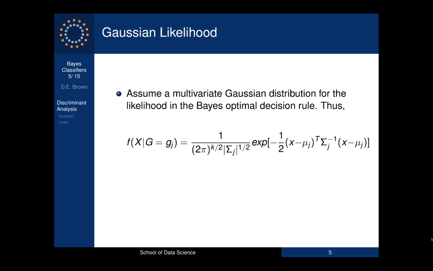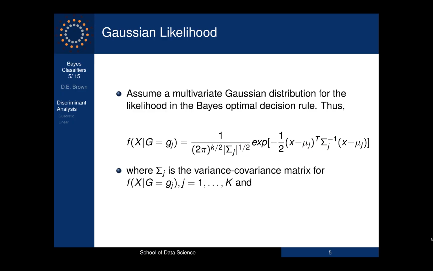Okay, so let's assume then that we have a multivariate Gaussian distribution for the likelihood. And again, we can now look at the Bayes optimal decision rule given that. So the likelihood then is in the form of a multivariate Gaussian, which is what we show here. And in this case, let's just recall that these capital sigmas are the variance-covariance matrix for the particular class. So in other words, in this case, we have sigma j. Let's say that's for the group of students who we deny admission to.